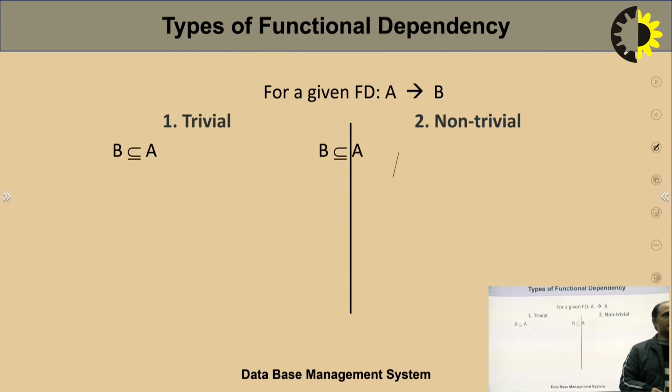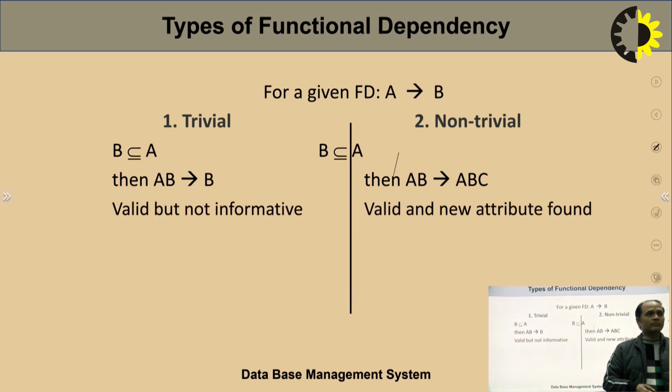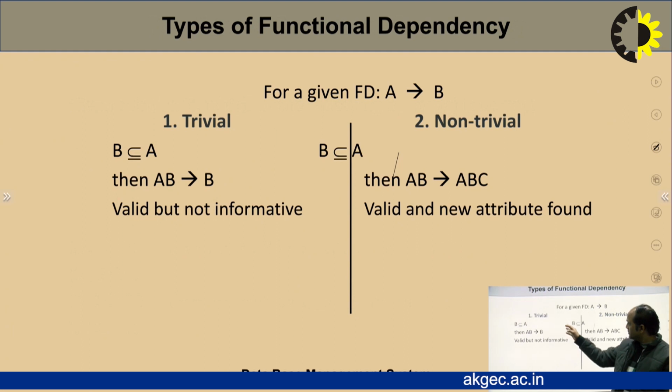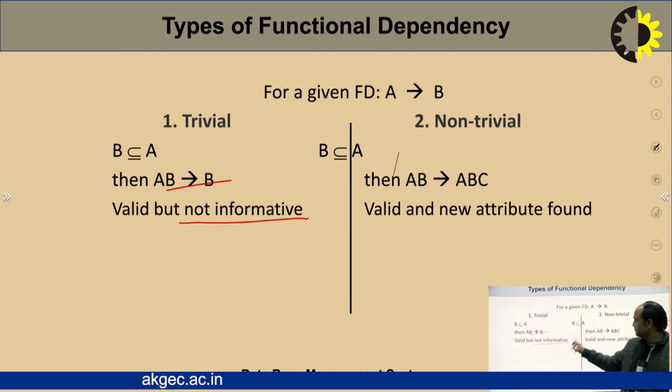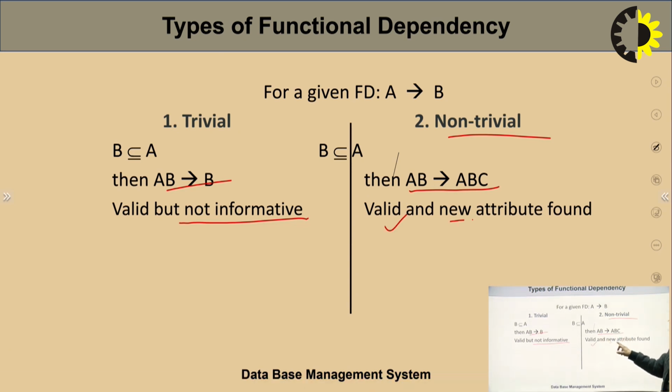In a trivial dependency, AB tends to B is valid but not informative. In a non-trivial dependency, AB tends to ABC is valid and a new attribute can be found. What is the new attribute? That is C.